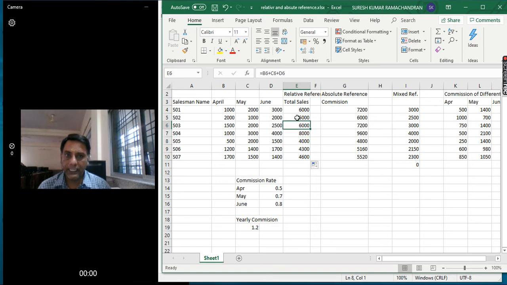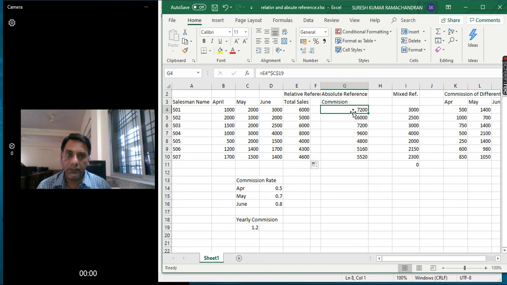Here the relation takes place between the E column cell and the B, C, D column cells, and each change of row directly changes the rows of the B, C and D columns. This method of calculation is known as relative reference.